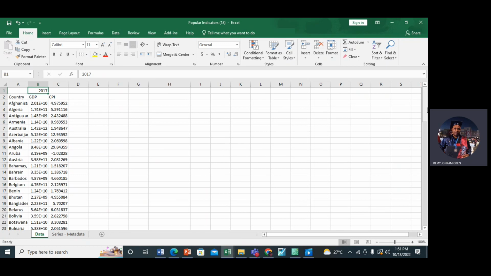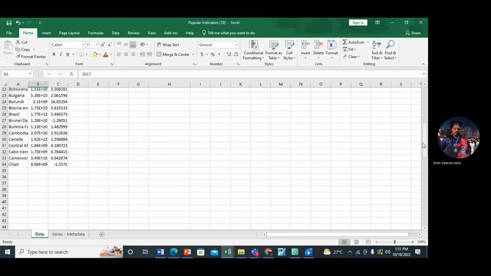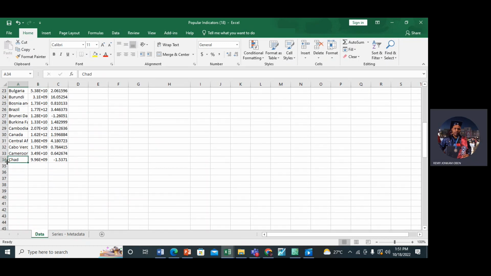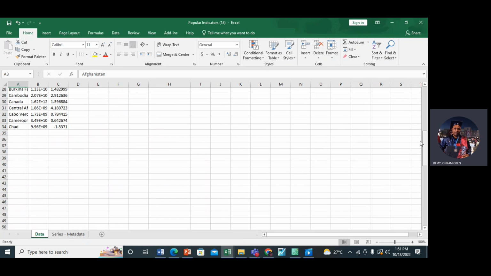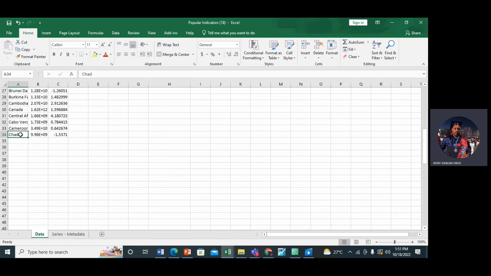How do you know the number of observations? Go down and check. The last data is at 34, and the first 2 rows are something else. So the data starts from row 3 till row 34. So there are 32 observations, right?